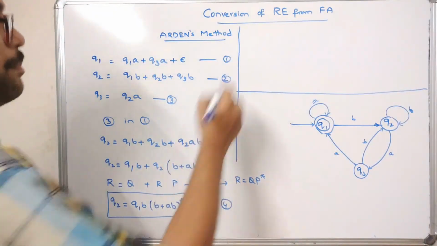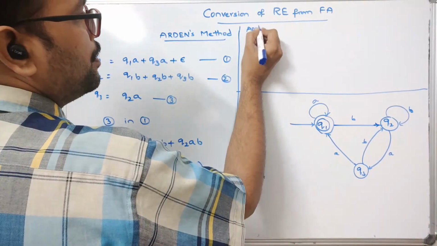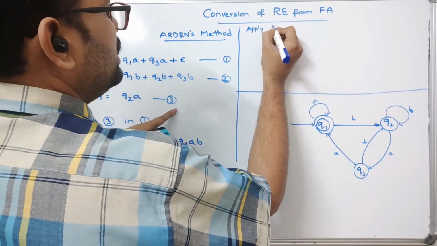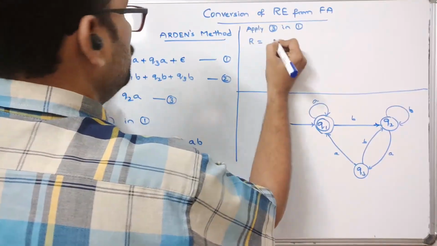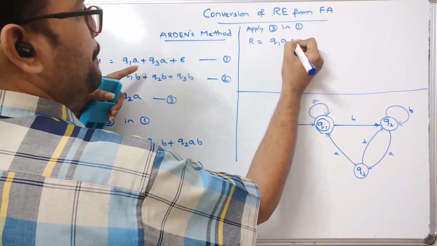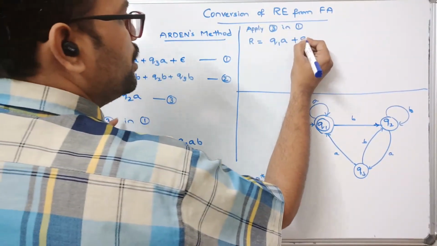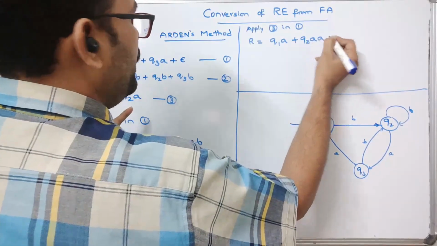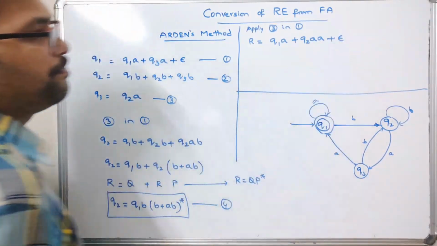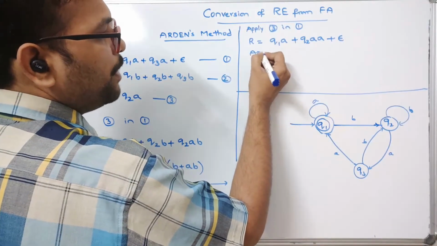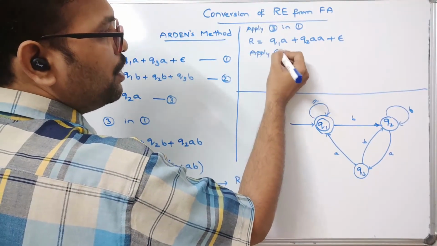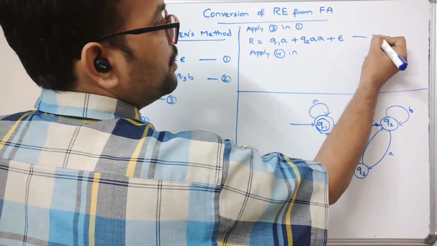Now apply 3 in 1. So R is equal to Q1A plus Q3, which means Q2A, Q2AA plus epsilon. Right? Let it be the fifth equation.